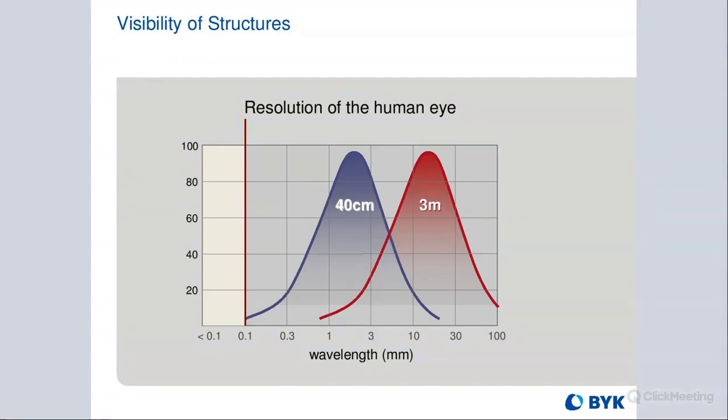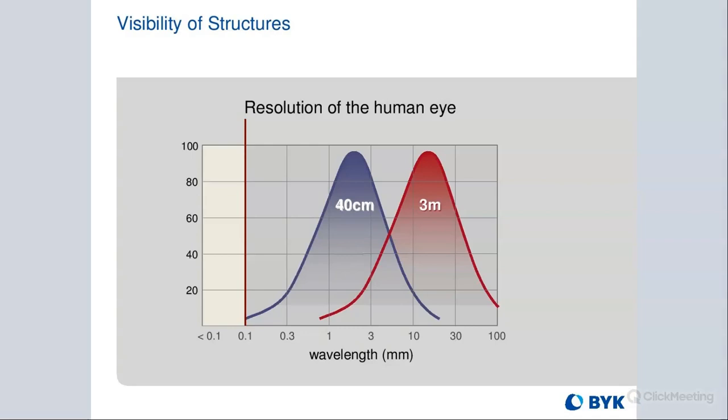So when we look at the actual wavelength, this is the actual wavelength of the structure itself in millimeters, not a wavelength of light, but the actual physical structure. When we break these down into different categories from 0.1 to around 15 or 20, we can see the smaller structures, and that would be at 40 centimeters.